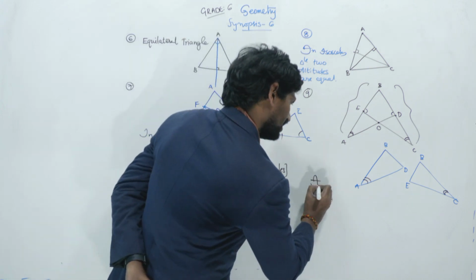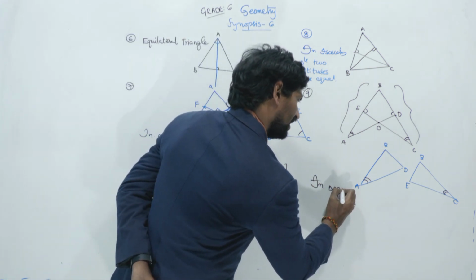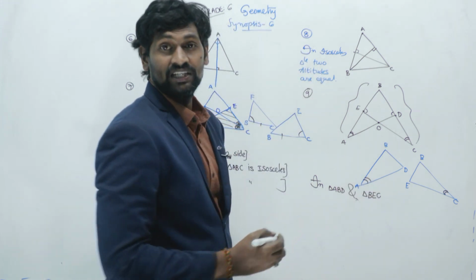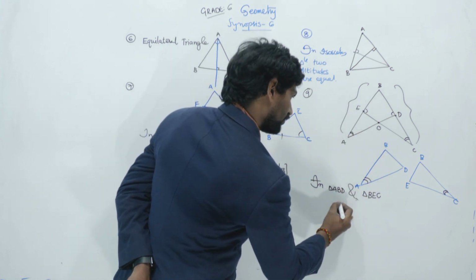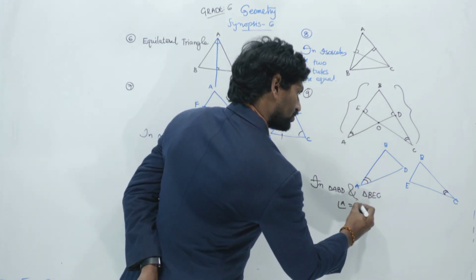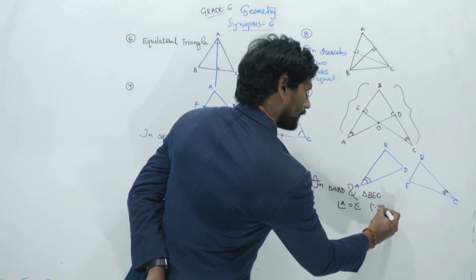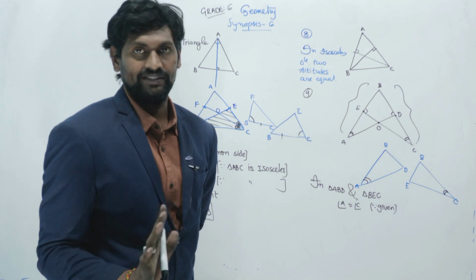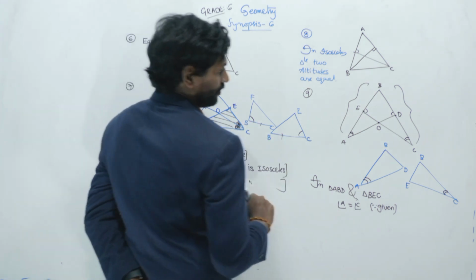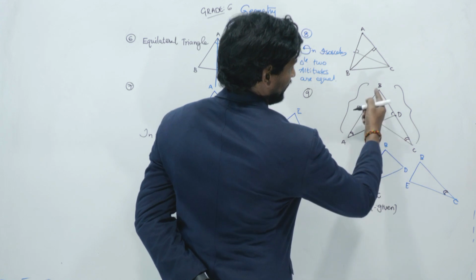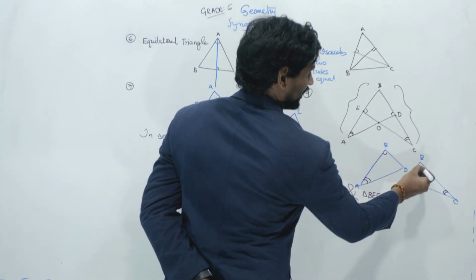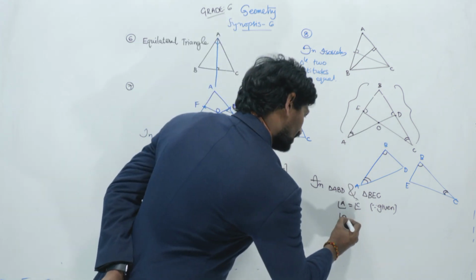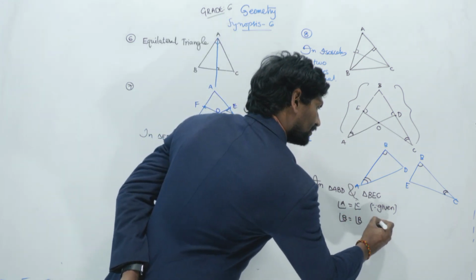That means in triangle ABD and triangle BEC, the two triangles have equal angles from the given information. Angle A equals angle C, it is given already. Coming to the second one, angle B is a common angle between both of them. Angle B equals angle B, nothing but the common angle.